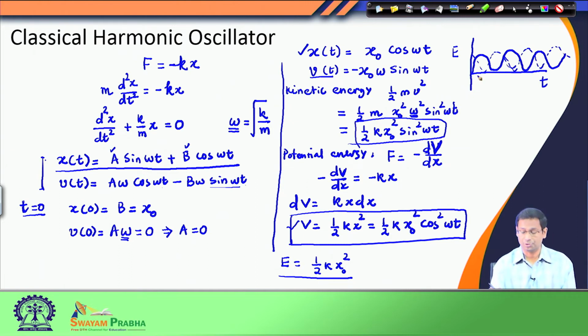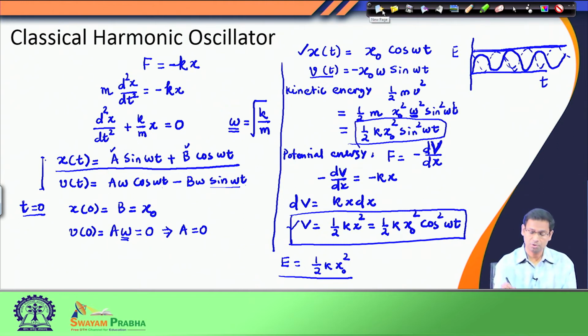Now the sum of the two, the kinetic energy and potential energy, when I take the sum, will turn out to be a constant. So, the thick line is your kinetic energy, which is a sine square function. The dashed line is your potential energy, which is a cosine square function, and this constant line is your total energy. So, this is what we know about the classical harmonic oscillator.